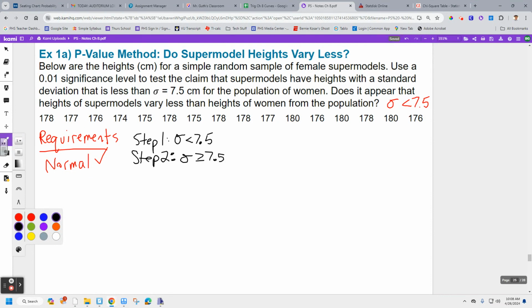We're looking for the equality because that's going to tell me the null. Step 3, we can talk about the null hypothesis. Give me the equal sign. Sigma equals 7.5. There's your null statement. Your alternative hypothesis, give me the one that doesn't have the equals in it. Sigma less than 7.5.